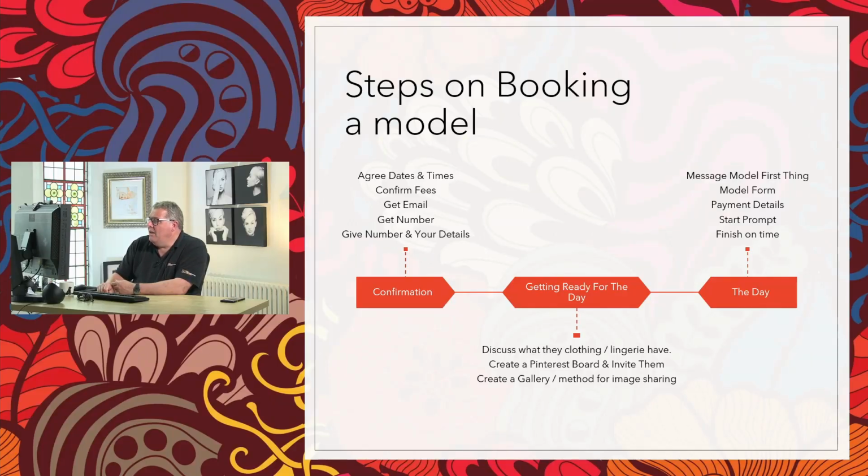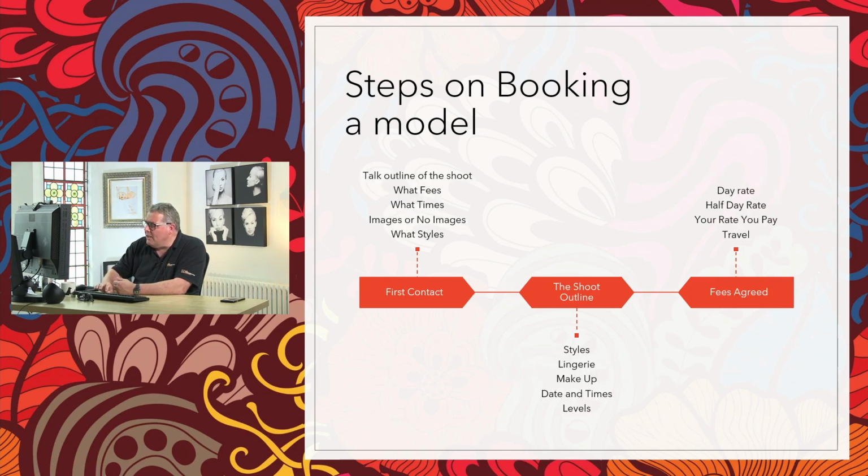So when we've got the agreed dates and times, we need to confirm the fees, get an email address from them, and get a number from them. In the same way, give them our number and our details as well. Obviously, this would be the confirmed shoot location, so they know exactly what is involved and where they're going to be traveling to.